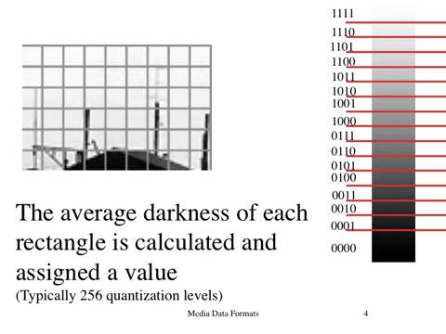And if we look at the scale then on the right there, the average lightness or darkness of that rectangle would fit into one of those ranges there. And so that range then is represented by a sequence of bits. We call these here quantization levels. The number of levels you have, the more accurate, the more subtle the representation is going to be.